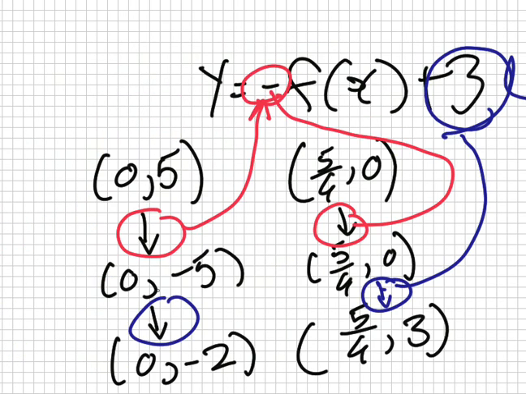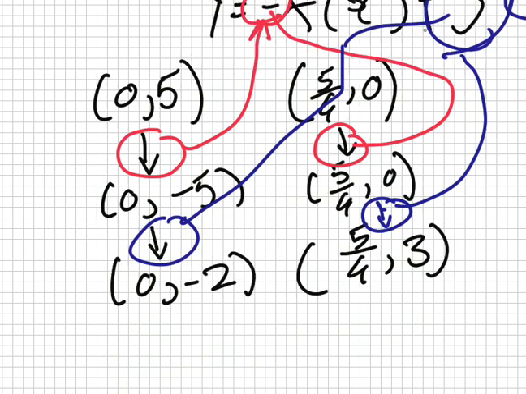And this one here, that was the plus 3 as well. So the first thing, I took my points, flipped them upside down, and then moved them up 3 units. So first one is with X and second with the Y. The minus in front of the F turns the Y upside down, and the plus 3 moves the Y up 3 units.